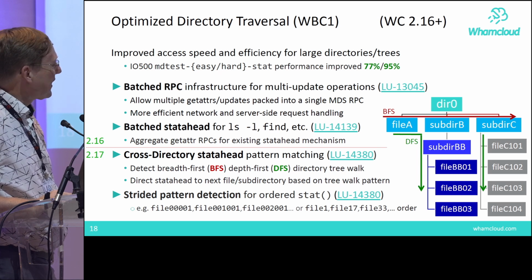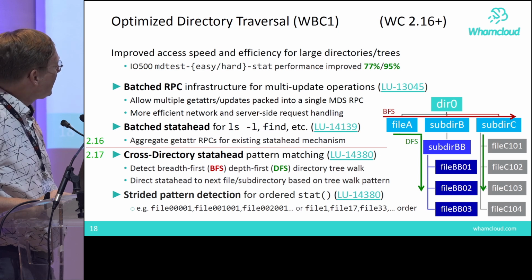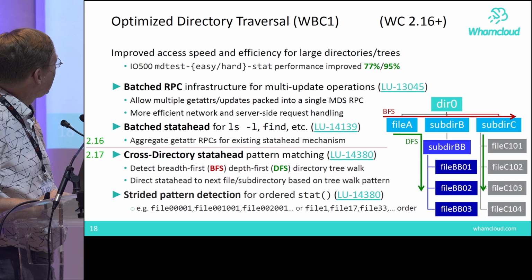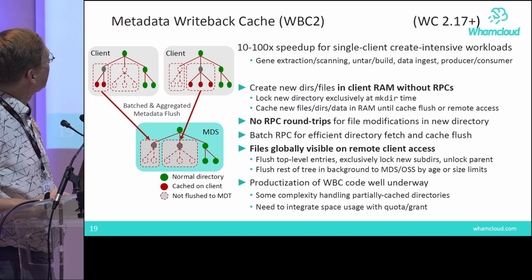But we wanted to try and get some parts of the write-back cache done into the 2.16 release, and then more of it will come in 2.17 and 2.18. So this is allowing RPCs that have multiple requests in them to optimize the network traversal, and we're just using it in the 2.16 release for ls -l, but it will be improved further in future releases.